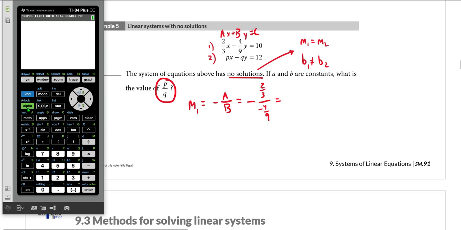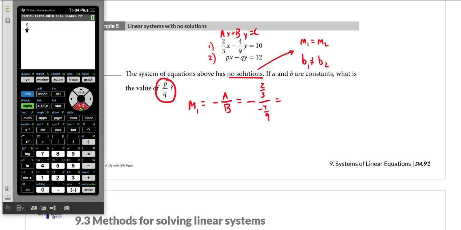There are multiple ways to enter this calculation in your calculator. I'm going to do it using my fraction layout just to make this easier for me and a little bit nicer. So I'm going to do negative and then alpha F1, enter, and then I have a fraction in the numerator and a fraction in the denominator, which means I'm going to do alpha F1, enter again. And so in that numerator, I'm going to put a 2 over a 3.